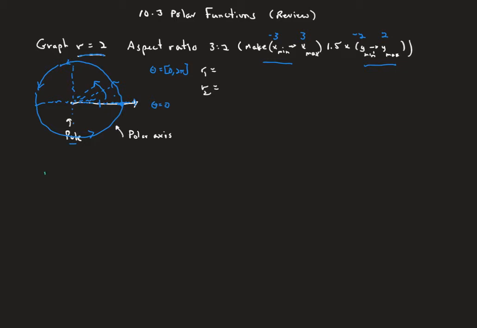Now, if you graph r equals -2, you're going to get the same circle of radius 2, but you're going to see a different orientation. At the angle of 0, it's going to start here, but the negative r value is going to shoot it through the pole, and the first point that you're going to see plotted is going to be over here, and we will always label our coordinates in rectangular.